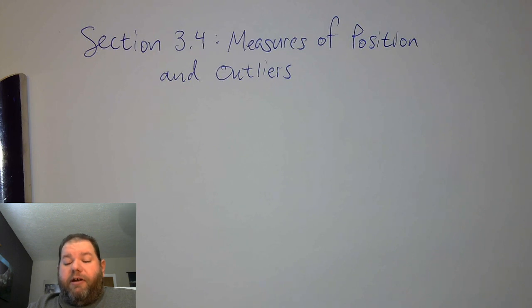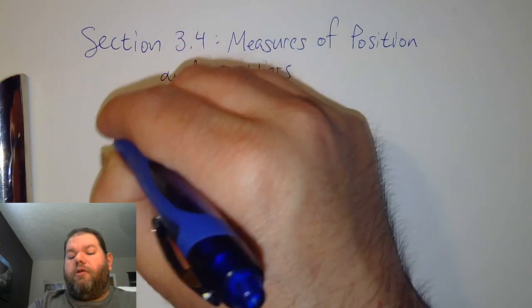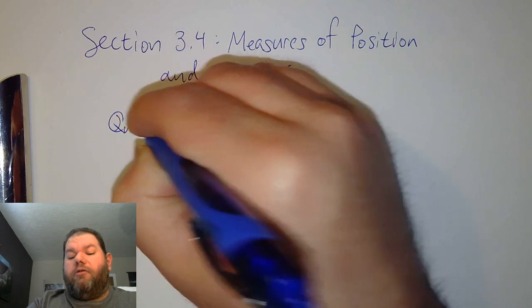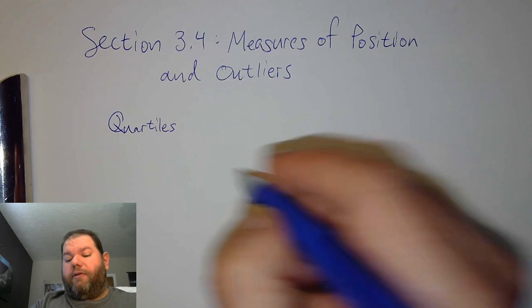But anyway, instead of going through all the percentages, for now we'll just look at the quartiles, which are kind of like markers for different locations in our data set.